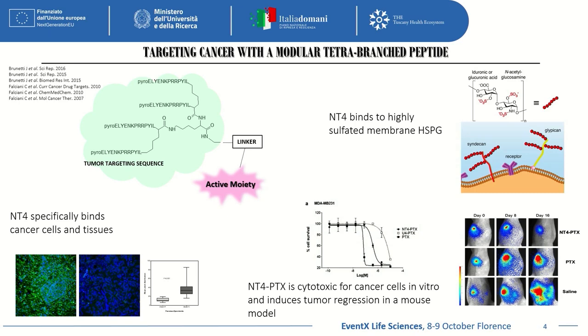We compared this not only with the control group, but even with a group treated with the same amount of paclitaxel. The use of this peptide conjugated to paclitaxel in this orthotopic breast cancer mouse model was really very good, and in some of these mice we have clearance from the disease.